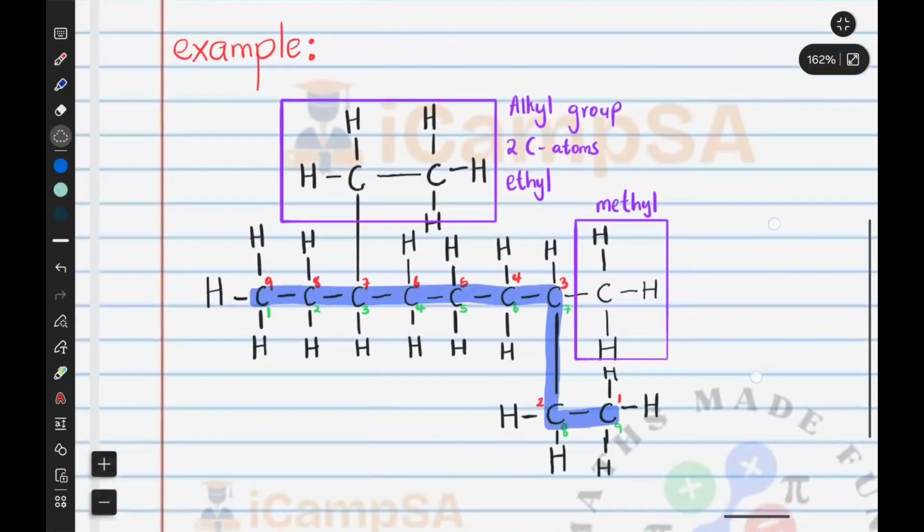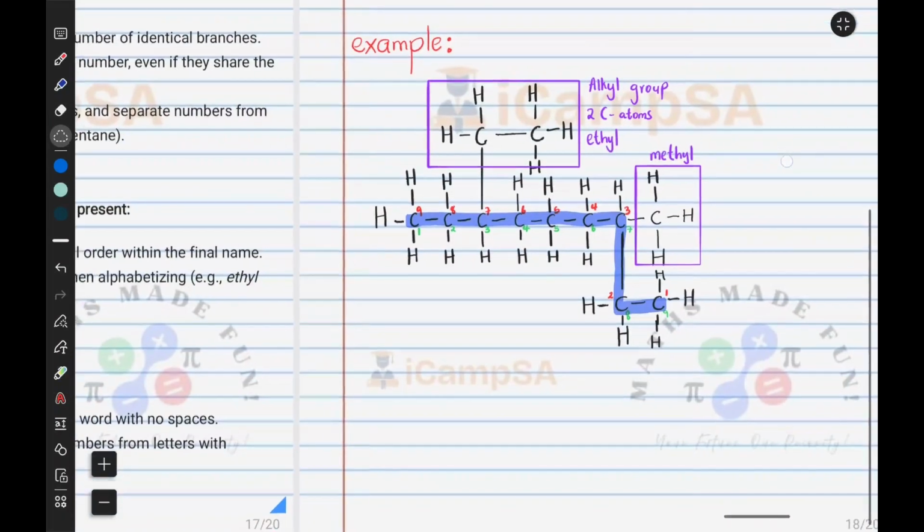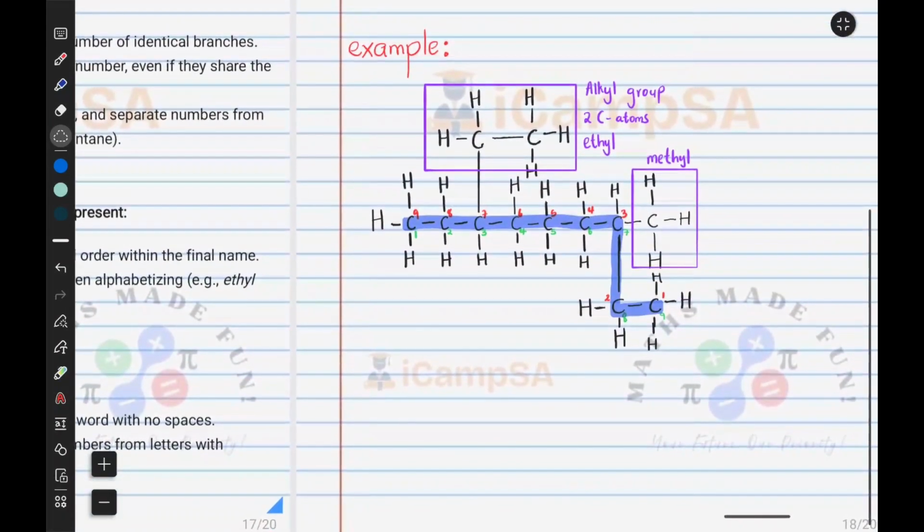All right, here we now have two alkyl groups. Okay, so what happens when you have two alkyl groups? You must start numbering them, and then of course we had decided that we'll be numbering this from left to right so that we give the ethyl group the lowest number. The reason we decided to give ethyl group the lowest number is because alphabetically E comes first before M. Right, this is one of the few instances where you have to use alphabetic order. Okay, so this is example 1.